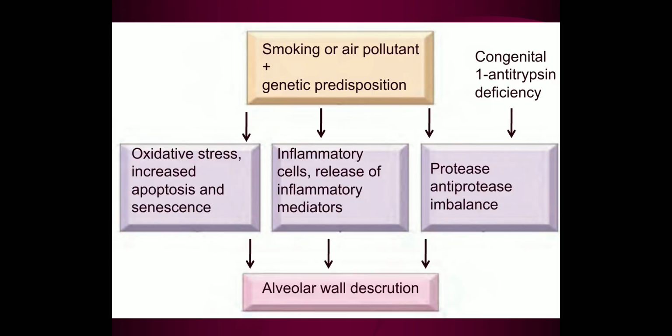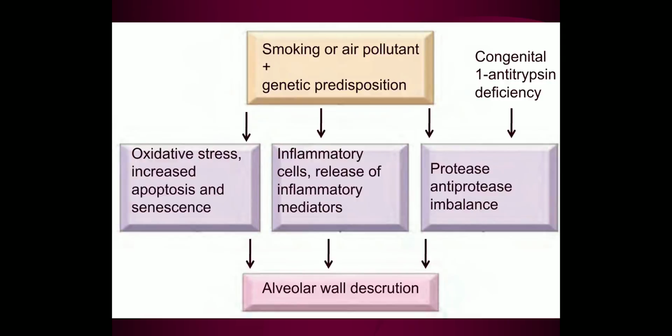But what happens when these people are exposed to smoking, air pollution, etc.? This protease antiprotease balance is lost. Okay. Also another rare condition which causes this antiprotease-protease imbalance is known as congenital alpha-1 antitrypsin deficiency.